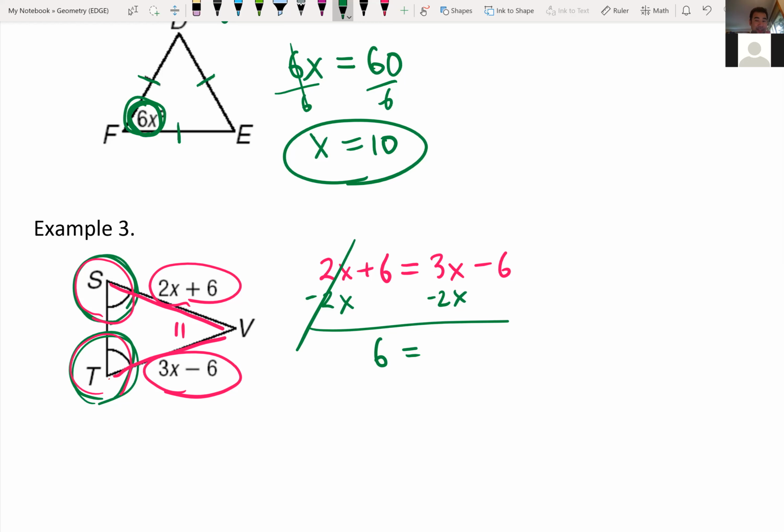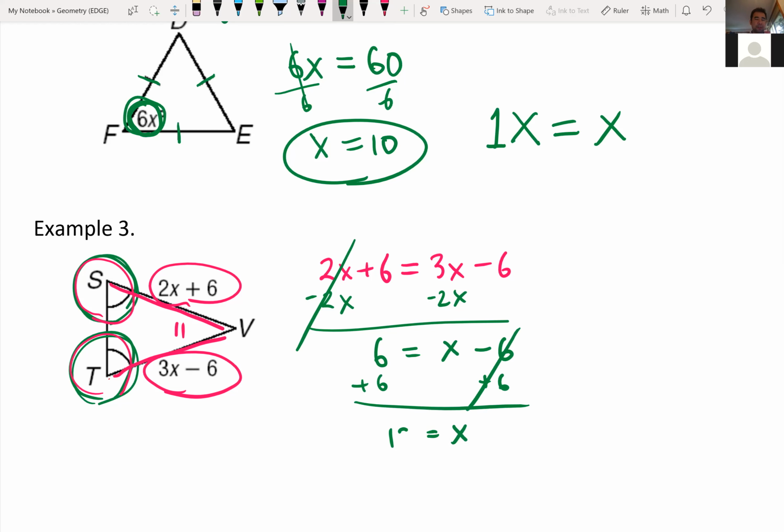It's a 1x, right? But I'm not going to write 1. If it's a 1x means just x, right? So x minus 6. And what do you do? Just one more step. Let's add 6 on both sides. And that's gone. So x equals 12.